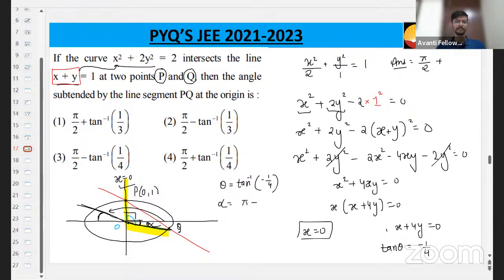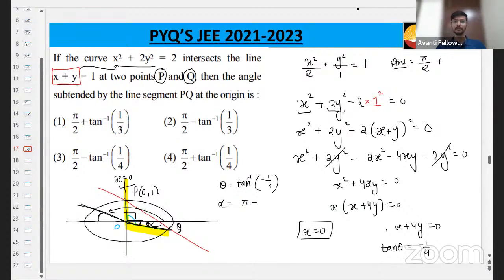Correct? Which is tan inverse of 1 by 4. I think we made a calculation error. Yeah, right. Tan inverse of minus 1 by 4.